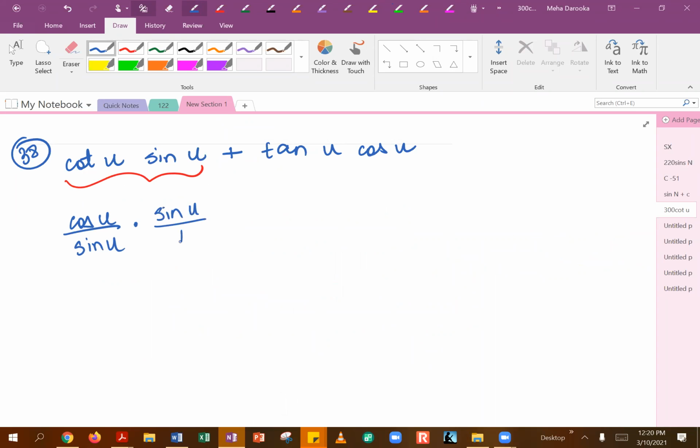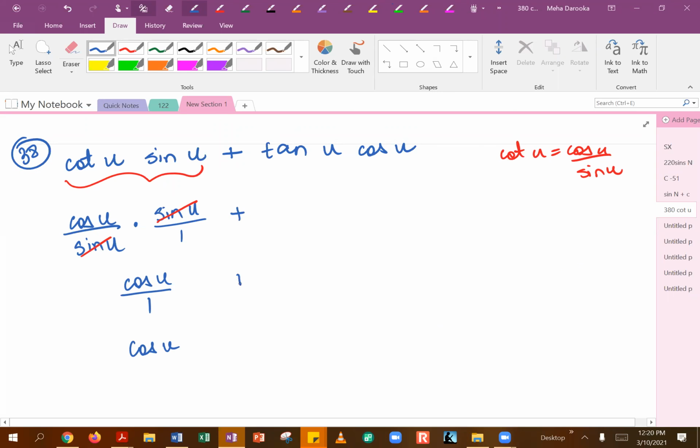If it helps, you can write that as over 1. So this is coming from cotangent of u being defined as cosine of u over sine of u. You will see sine on the bottom, sine on the top. They will end up canceling each other out, which leaves us behind with cosine of u over 1, which of course is just the cosine of u function.